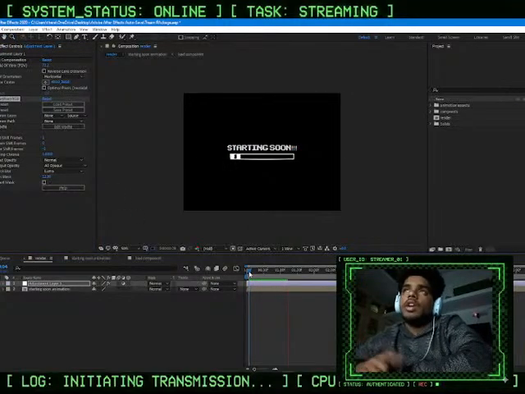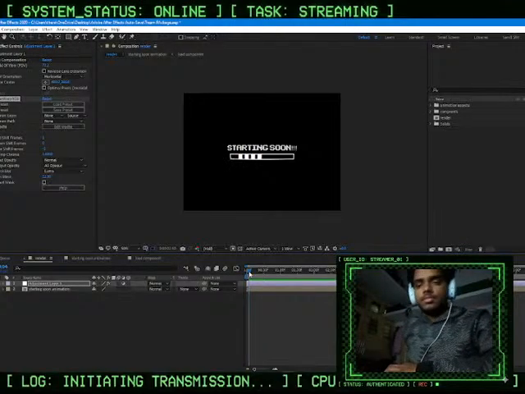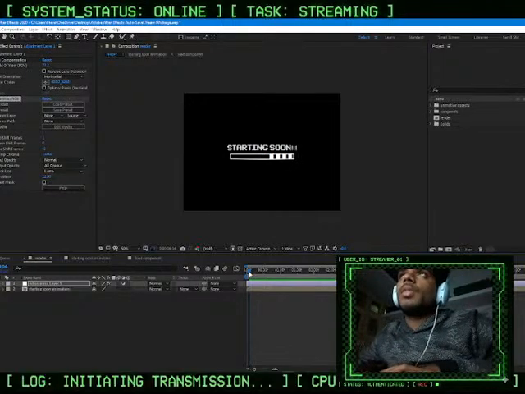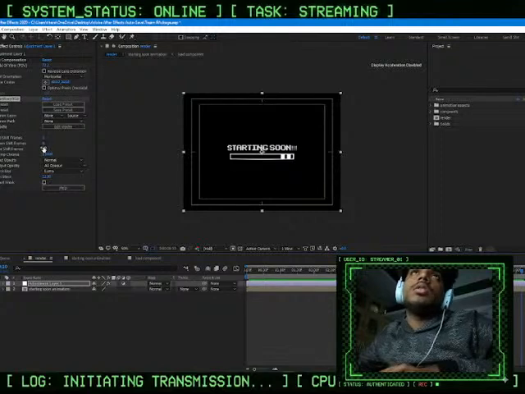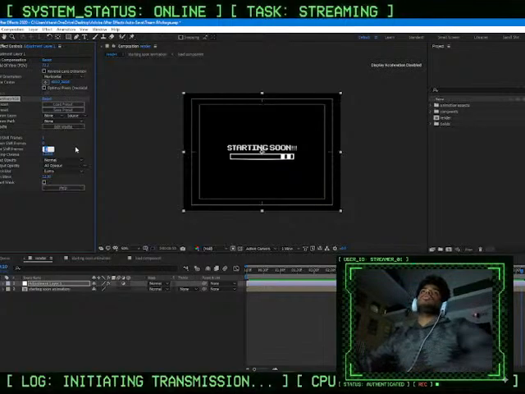I already have this. By default it looks good, but I want green shift to be 0. It is 0.